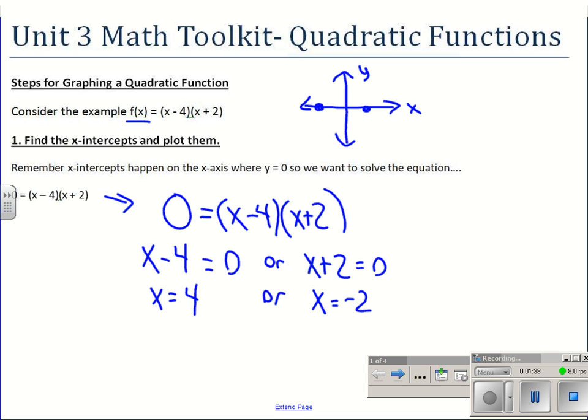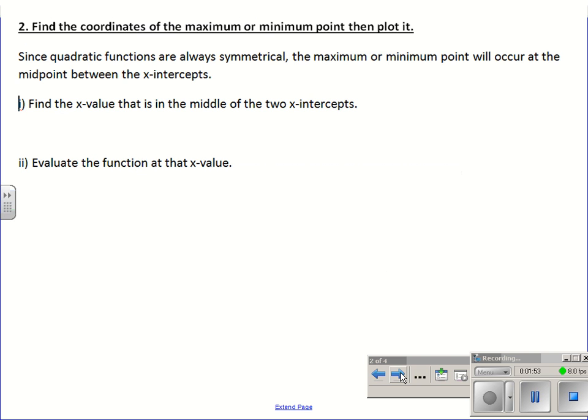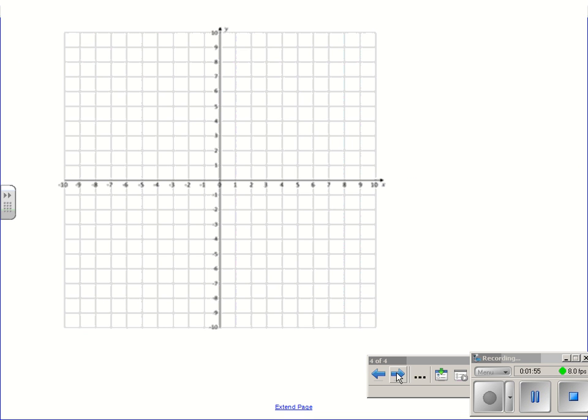So those are our x-intercepts. So we need to plot those. Remember, as a point, the value of y is 0, so it would be (4, 0) and (negative 2, 0) that I need to plot. So we're going to go to the graph and plot those points, 4 and negative 2 on the x-axis. So step 1 is done.